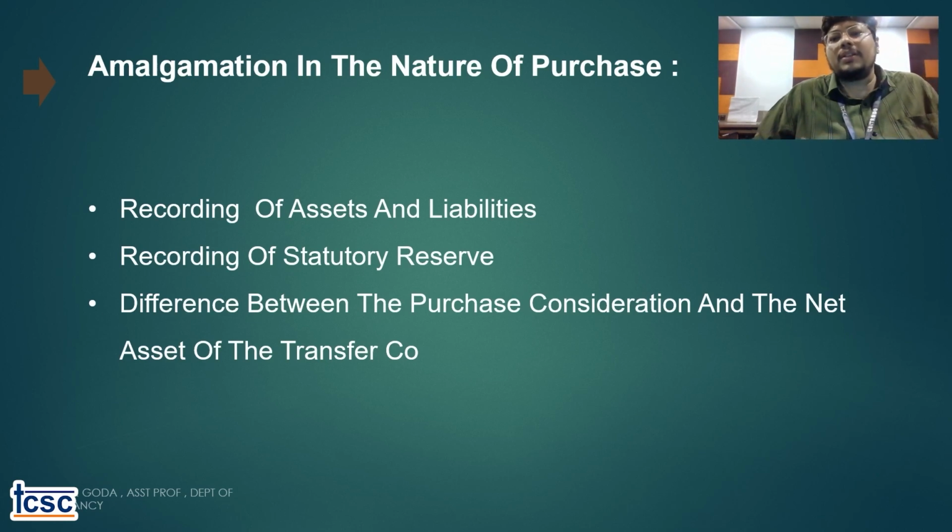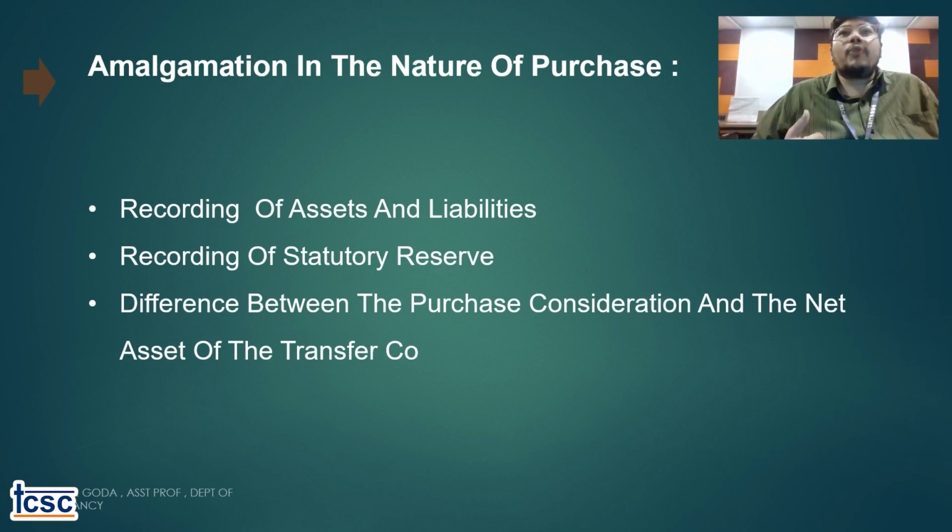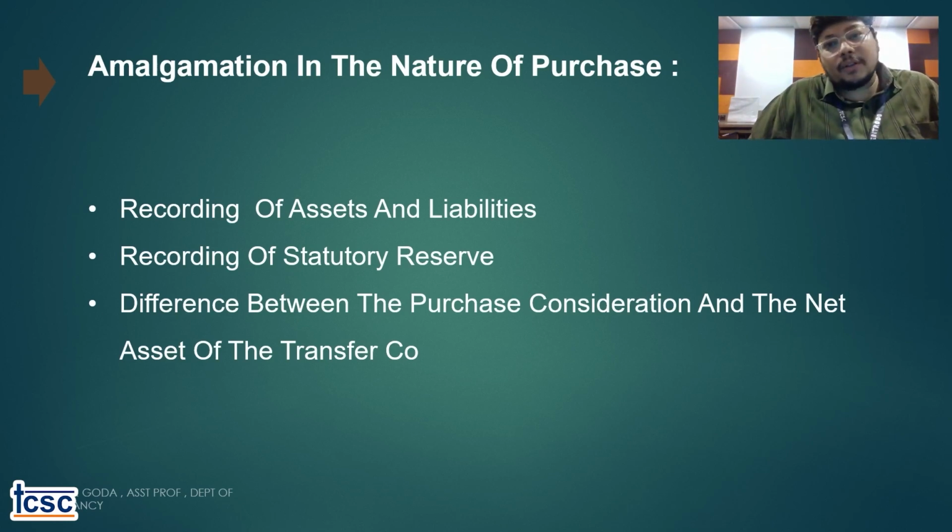Why? Because previously it only had domestic sales, and B was only into export oriented sales. So the transfer of this particular reserve is necessary so that if in future there is any fluctuation in the foreign exchange rate, then this profit and loss can be set off against export profit reserve.